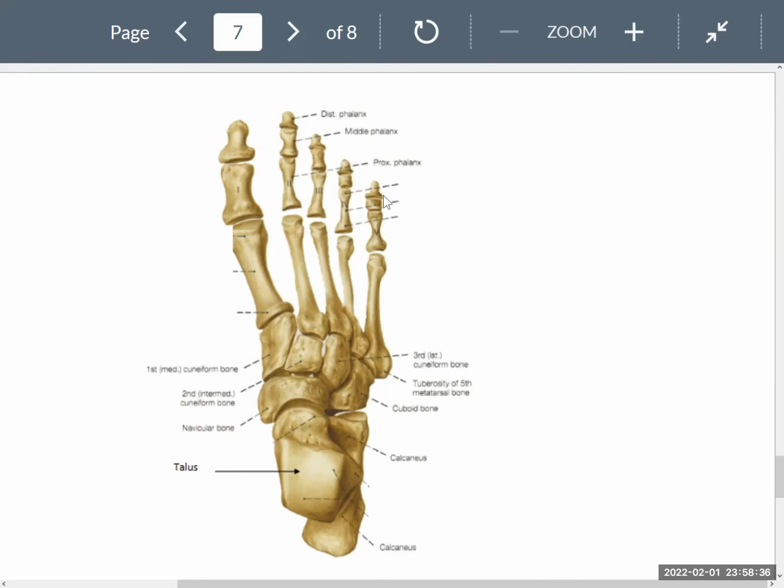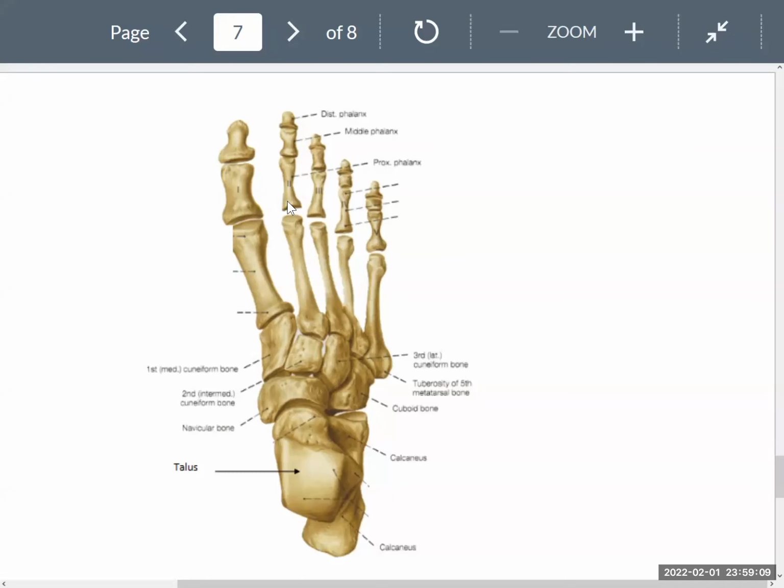The foot has obviously toes, and each toe has 1, 2, 3 phalanges, with the exception of the big toe. The big toe, in anatomical position, is always medial. It has 2 phalanges, the proximal phalanx and the distal phalanx.